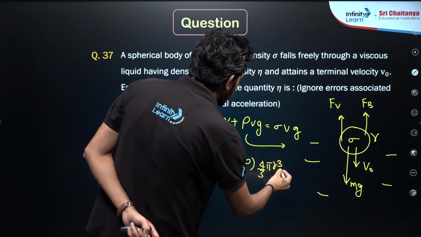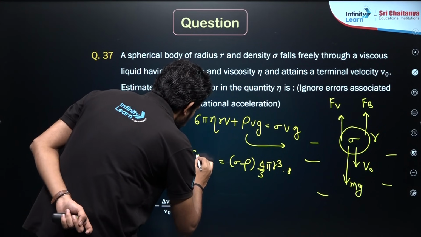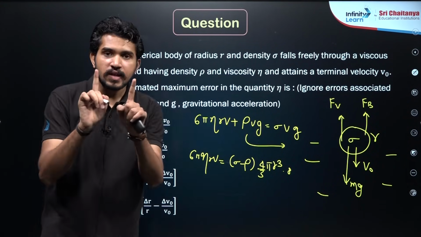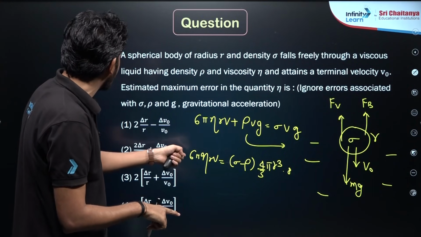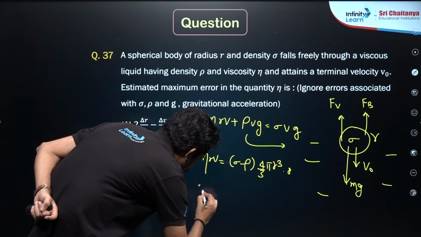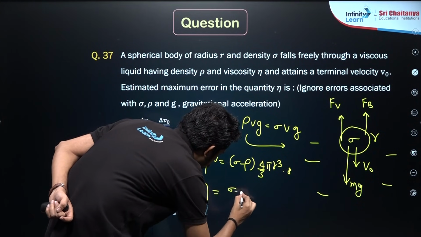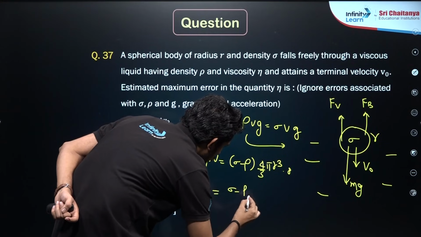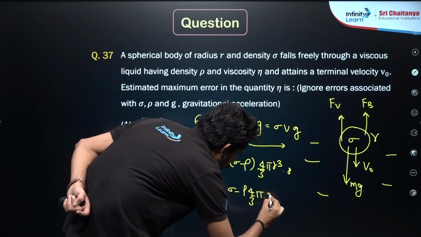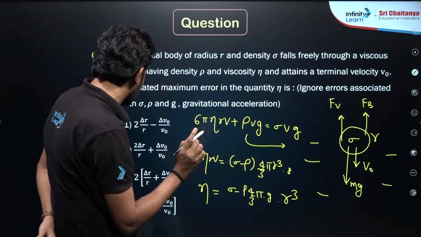Sigma minus rho V g equals 6 pi eta rv. Now I need the maximum error, not percentage error, in the calculation of eta. So that would be, see, sigma minus rho and 4 by 3 pi g, and let's write r cube at the end. Okay.